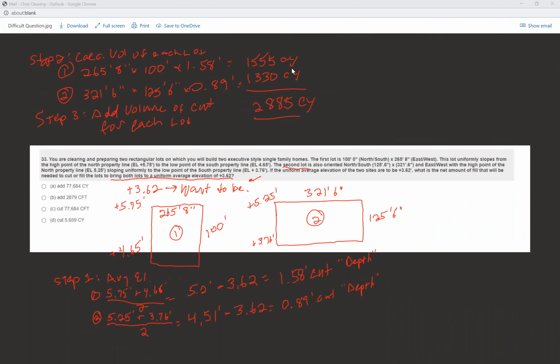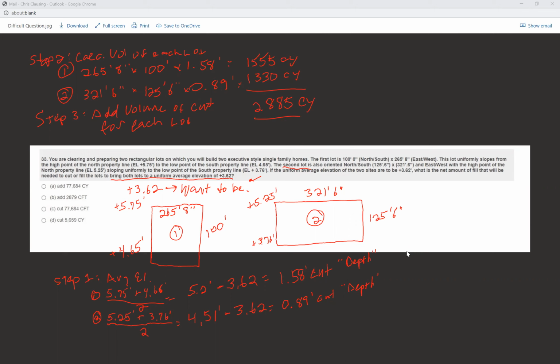What I'm going to do is add these back into the system. So 1555, I'm going to say yard, yard, yard. So I'm telling the calculator it's cubic yards, plus 1330 yard, yard, yard, cubic yards, so equals. So the calculator's telling me it's 2885, in this case, cubic yards.